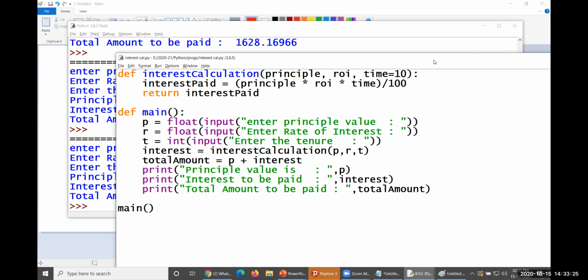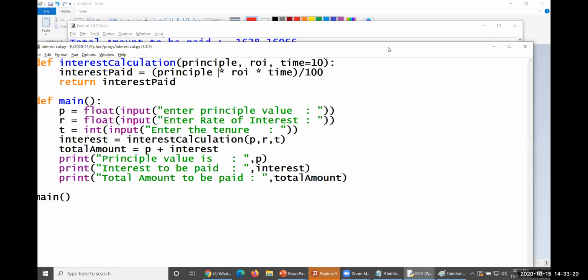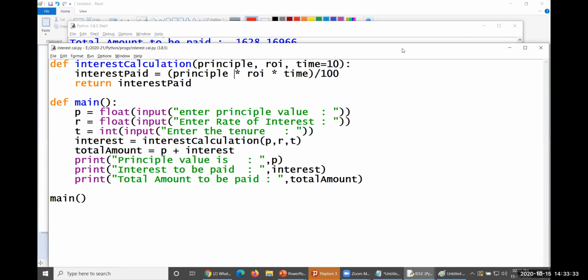Let me consider one more example for you. I would like to solve one more example for you, and I would like to forward the same to you through Google Classroom, and you have to execute the same in your respective area, and then you can solve more examples on default parameters here.